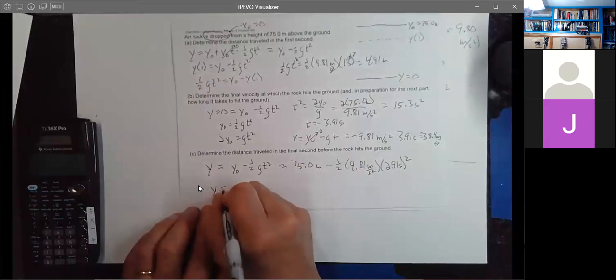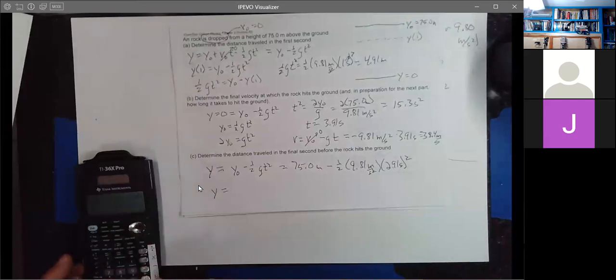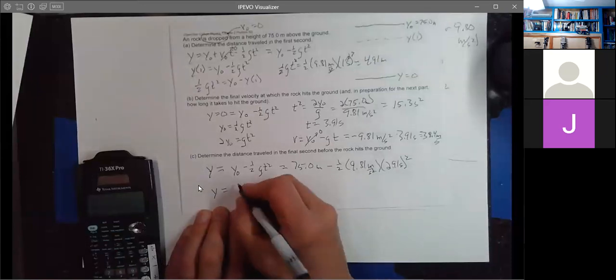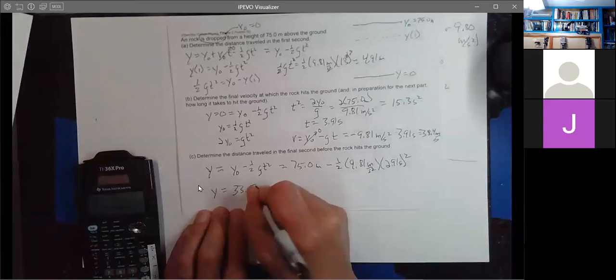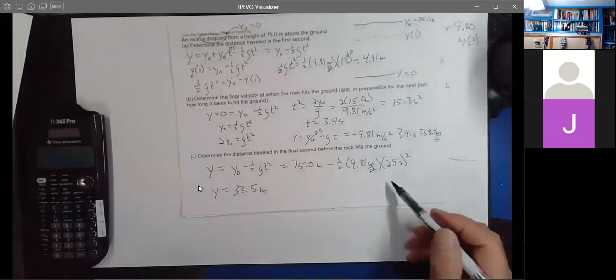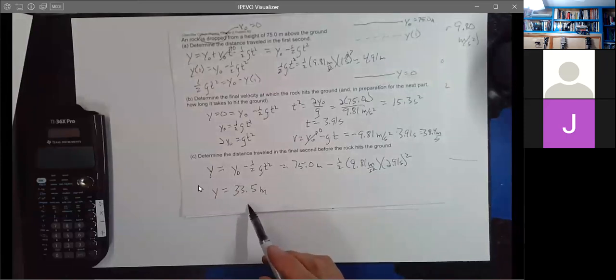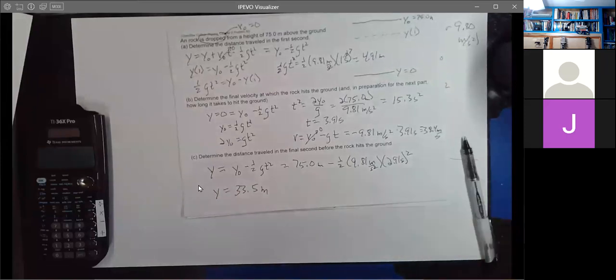So the y 1 second before it hits the ground is going to be 75 minus 0.5 times 9.81 times 2.91 squared. I think I got that right. And I get, I think, 33.5 meters. So that's how high it is 1 second before it hits the ground. And in that next second, it travels those 33.5 meters and smacks into the ground.